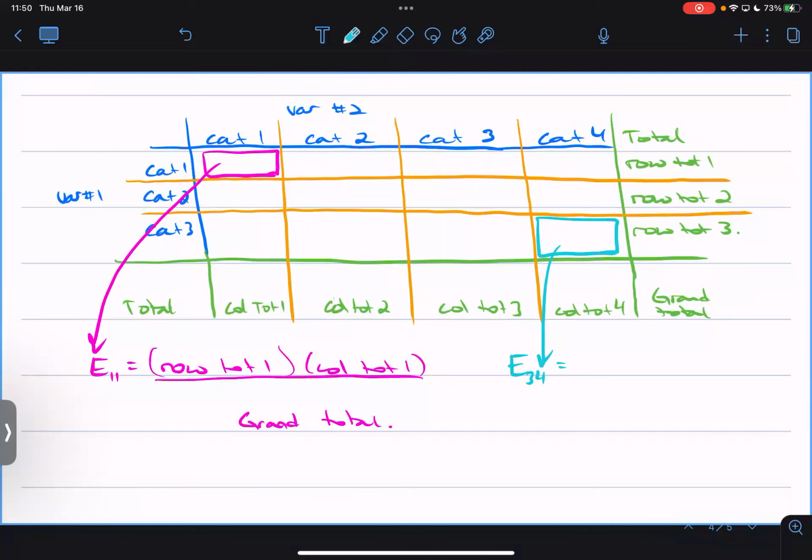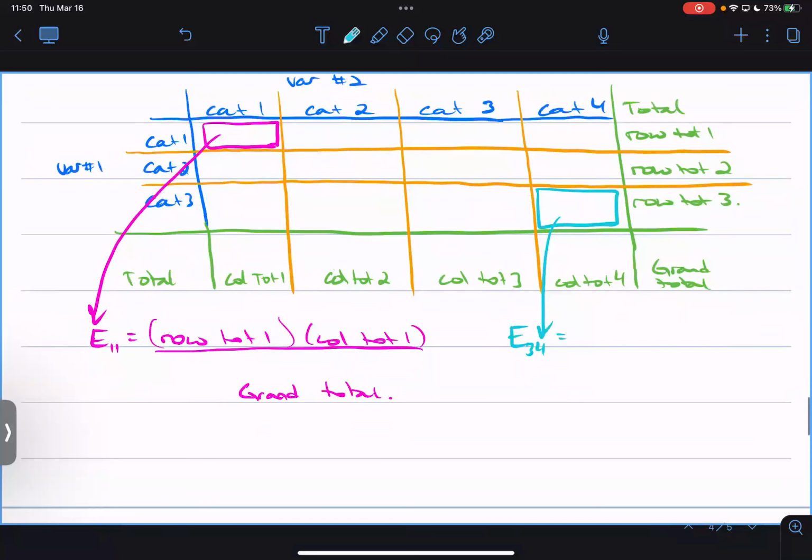In fact, often what I do is I'll just calculate the expected counts in the same table that I'm given. Just put them with the observed counts, because in my calculation I need to do the observed minus the expected squared divided by the expected. So if it's all there, then it's easier to see. But this would be the row total 3 times the column total 4 divided by the grand total.